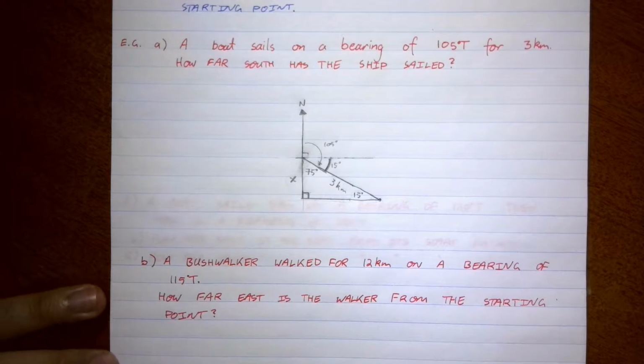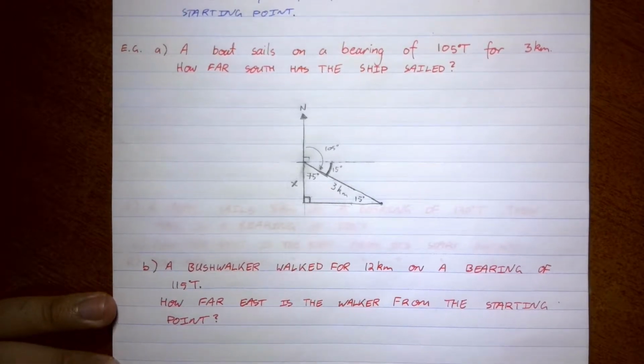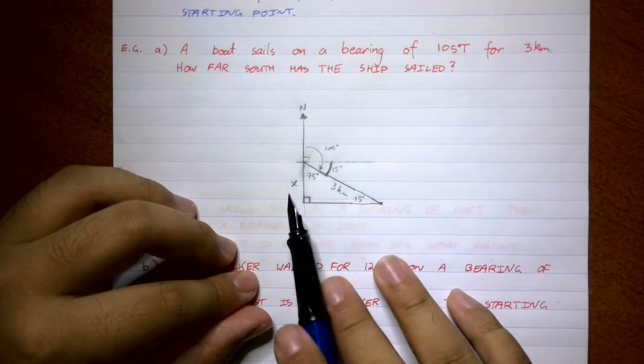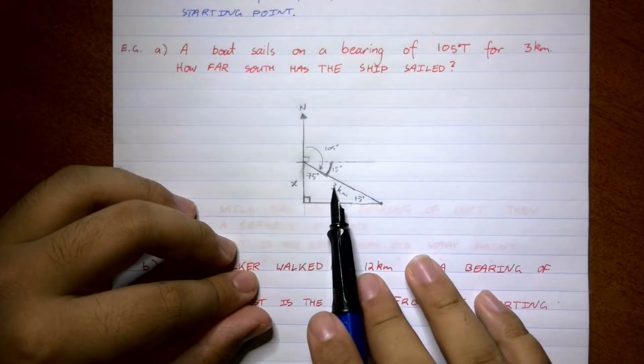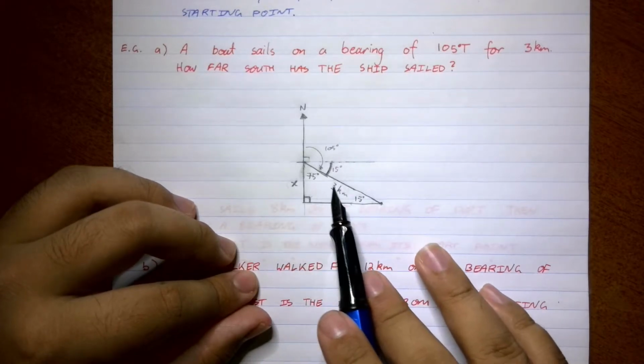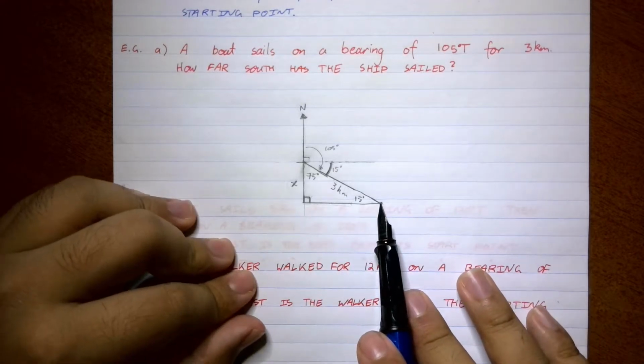I'm going to go both ways for this, and let's answer it like so. If we use this angle, x is opposite, and the 3 kilometers is the hypotenuse.